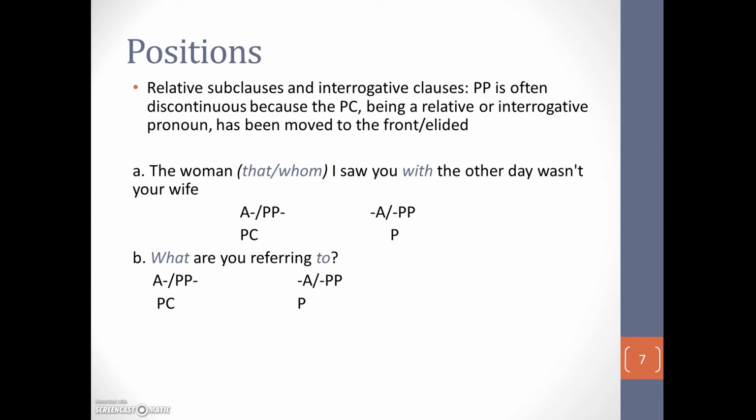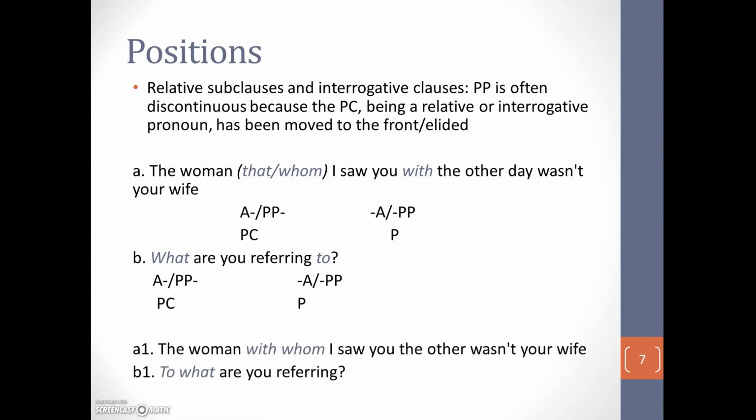So what we need to see is that the prepositional phrase, okay, has been sort of divided into two. So it's discontinuous. Normally we would have the preposition with, for instance, followed immediately by the prepositional complement. However, in some of these cases, we have to split them up, and that's because of syntactic reasons.